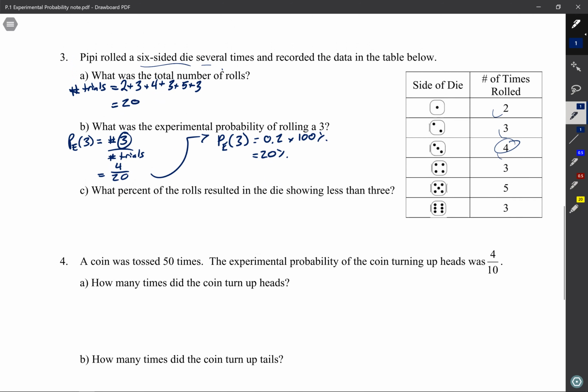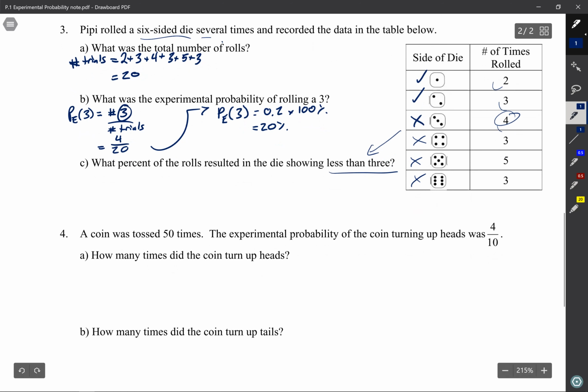Now, what percentage of the rolls resulted in the die showing less than 3? So that's interesting. Which numbers here are less than 3? 1 is less than 3, 2 is less than 3, 3 is not less than 3, 3 is equal to 3, so that does not fall into this category here, nor does 4, 5, or 6. So the percentage of the rolls, what we're asking for, when we see this, is the experimental probability.